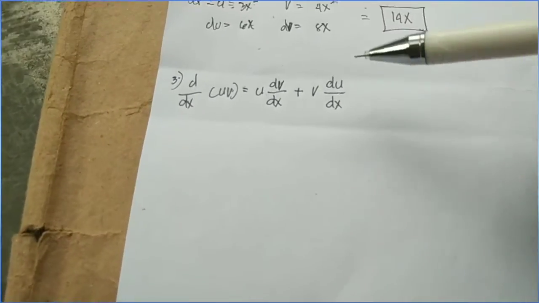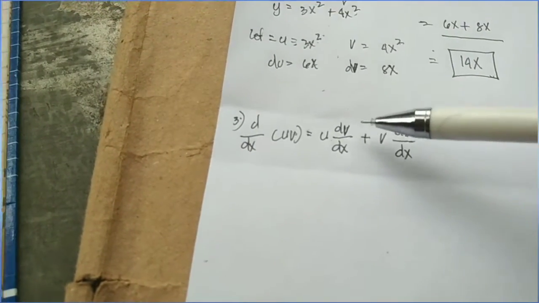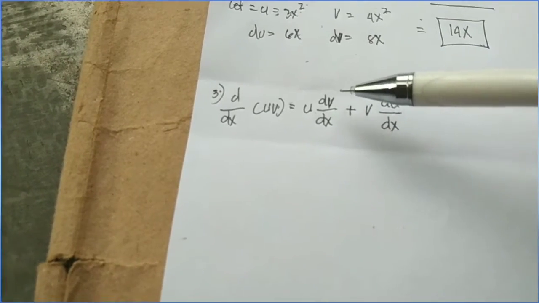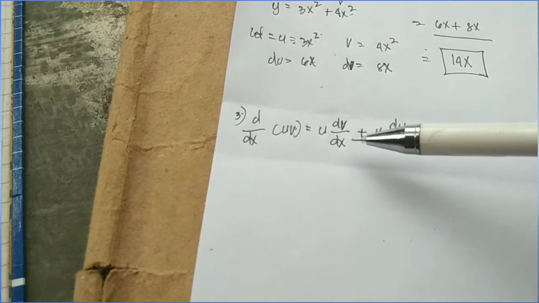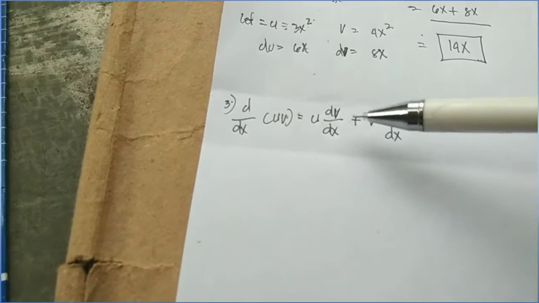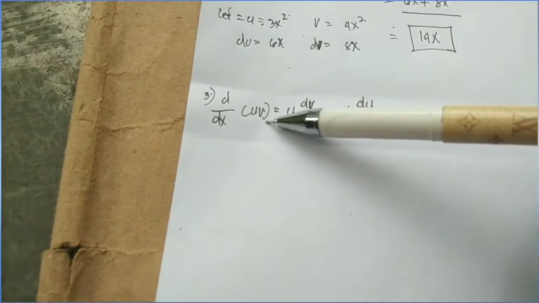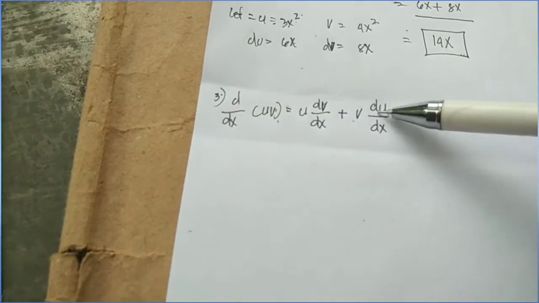It means that the derivative of the product of two functions is the first times the derivative of the second, plus the second times the derivative of the first, so du.